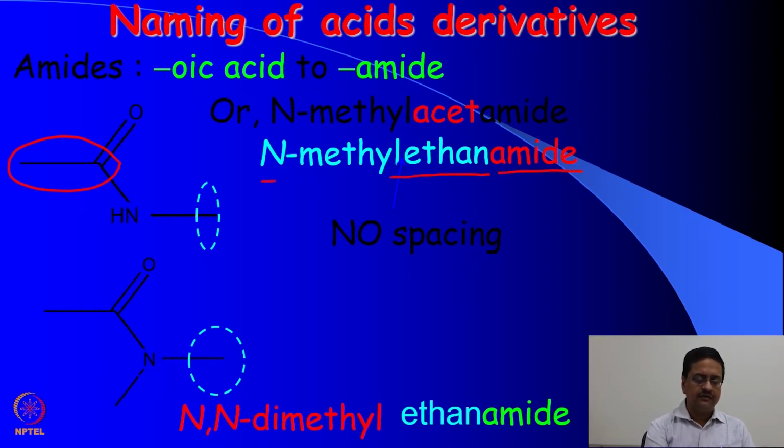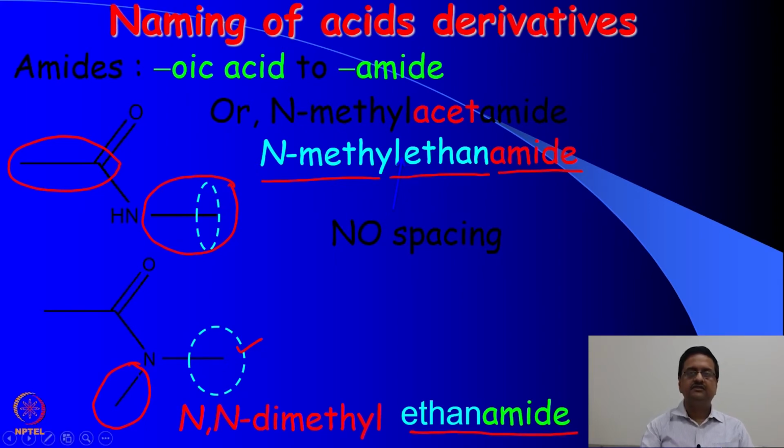Depending on that it is N-methyl, because on N I have a methyl group present. Instead of one methyl group, if you had 2 methyl groups, as you can see here, we should write it as N,N-dimethyl ethanamide. So, this is how one should start naming the amides.